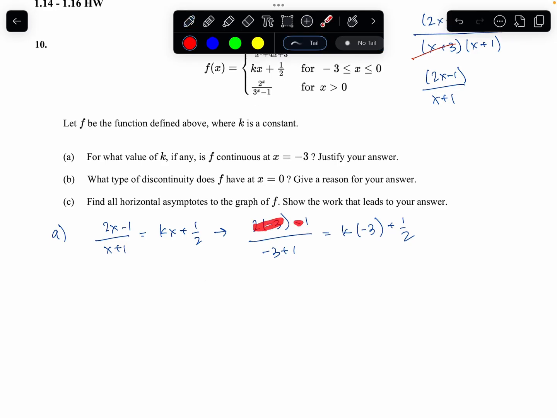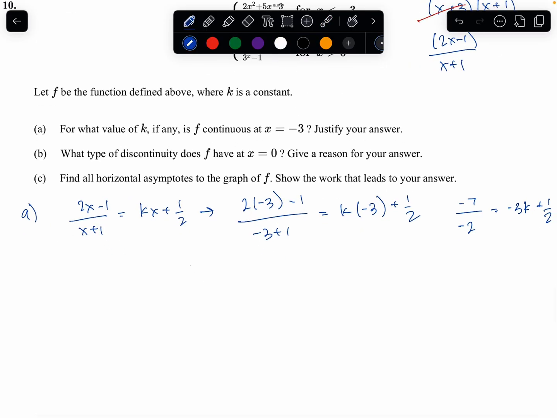So that becomes -6 minus 1, so that becomes -7 over -2 equal to -3k plus 1/2. I subtract the 1/2 over here, so that's just going to be positive 7/2.